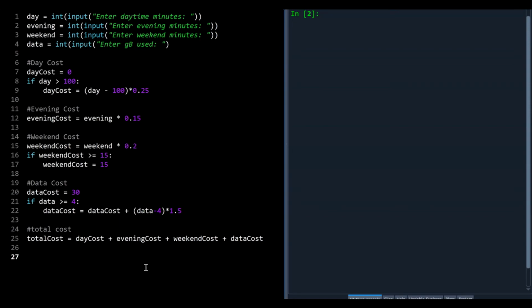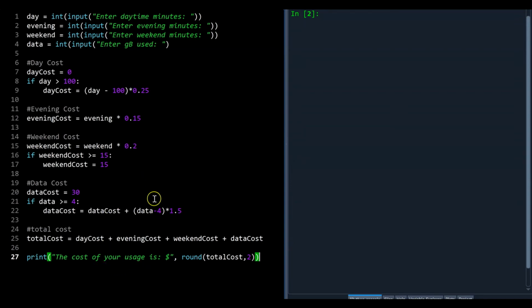Okay, and I can just print out the value of all of that at the end. So the cost of your usage is total cost, and we can round that as well. Okay, so that should work.